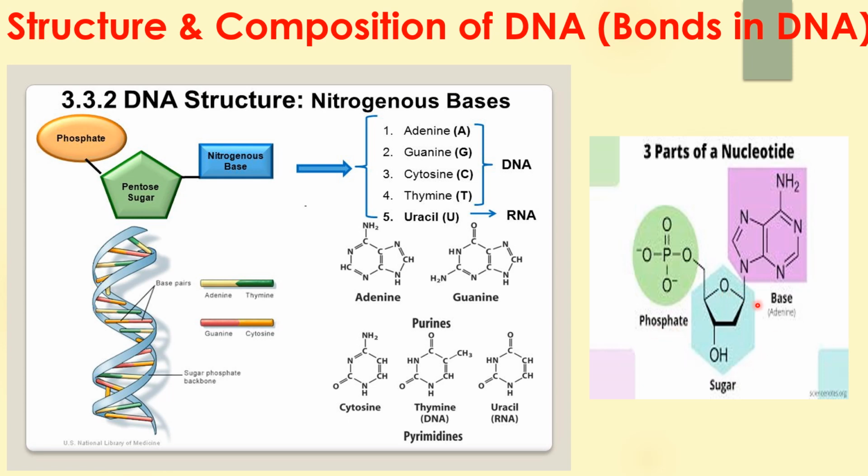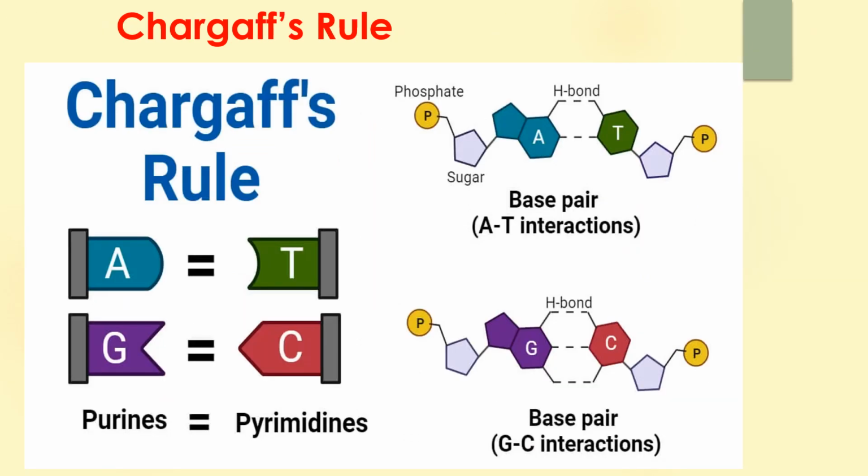See, the base is linked to the 1' carbon. The 3' carbon links to the next nucleotide, and the 5' carbon links to the phosphate group. So this is about the structure and composition of DNA.